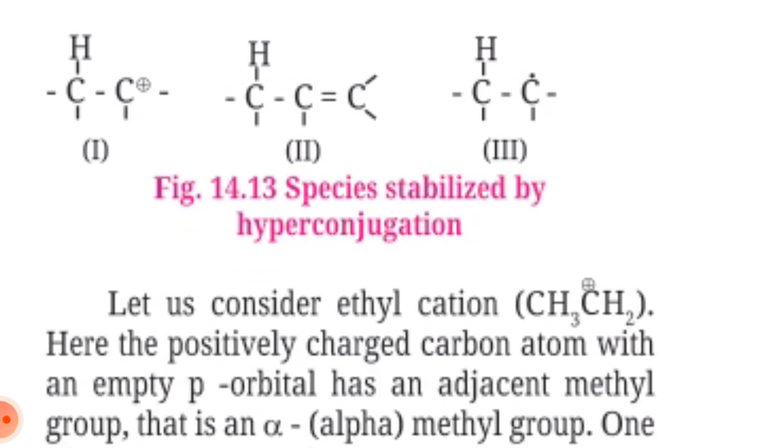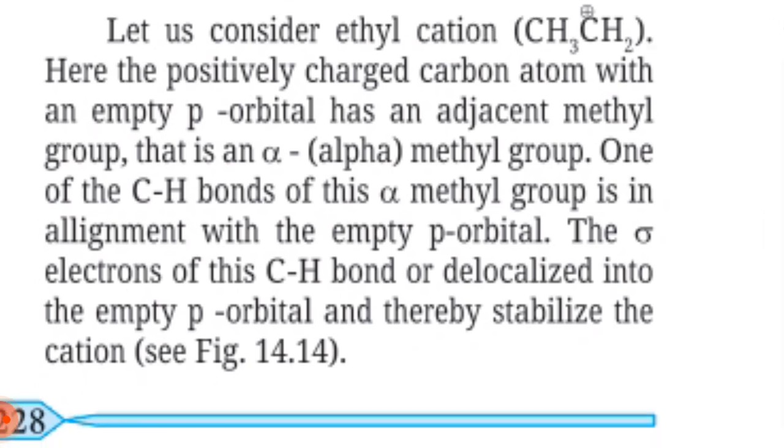Species stabilized by hyperconjugation. Let us consider the ethyl cation, CH3CH2+. Here the positively charged carbon atom with an empty p orbital has an adjacent methyl group, that is an alpha methyl group. One of the C-H bonds of this alpha methyl group is in alignment with the empty p orbital.